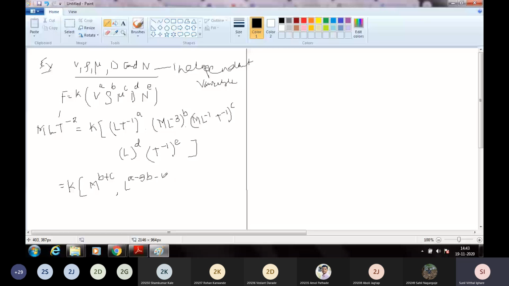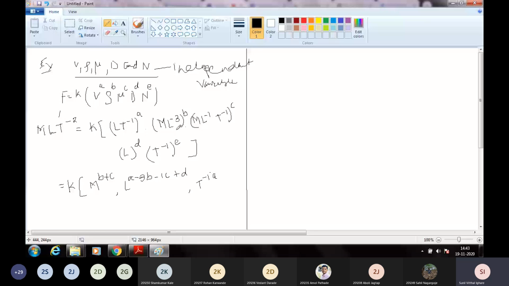Then the fourth term, that is L raised to D, so plus D. Okay, the next is time T. Just see the first bracket again, T raised to minus 1, and the outer bracket A. So T raised to minus 1 into A. Second bracket, no T term is there.